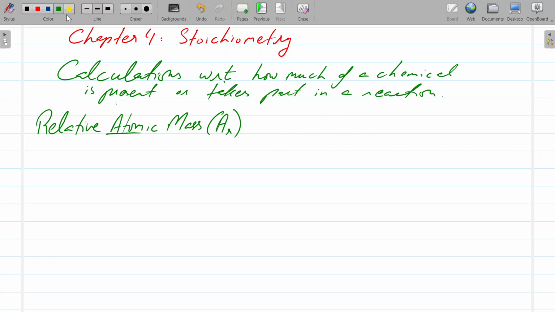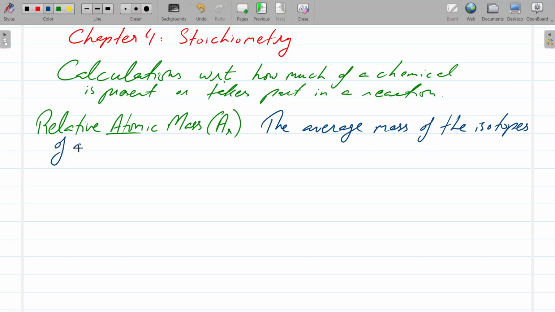So, to recap, the definition of relative atomic mass is the average mass of the isotopes of an element compared to 1/12 of the mass of a carbon-12 atom.